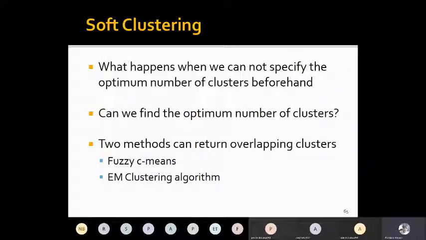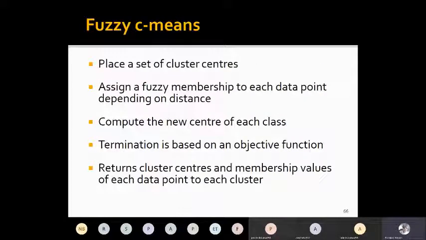But in soft clustering algorithms, instead of a hard assignment to a cluster, I will get either a membership value or a probability value, that means a value between 0 and 1 of each data point to each cluster. So theoretically, a single data point can be in two different clusters with two different membership or probability values.